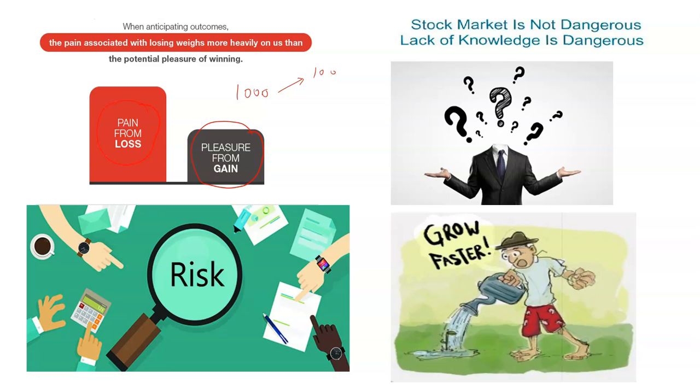Now your amount would be 1100. However, if you lose 100 rupees, your amount would be reduced to 900, and emotionally this loss will hurt you a lot, and you will not be able to rise from it if you are not emotionally strong.